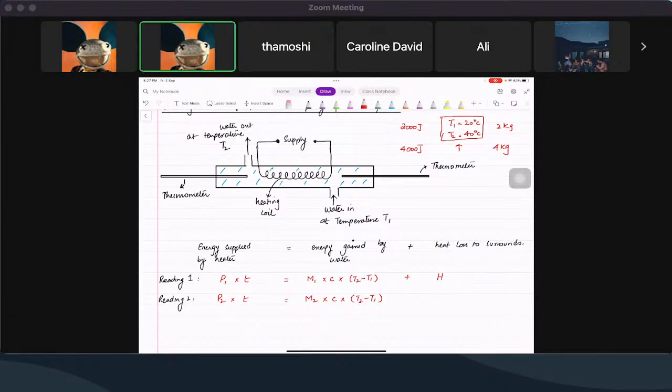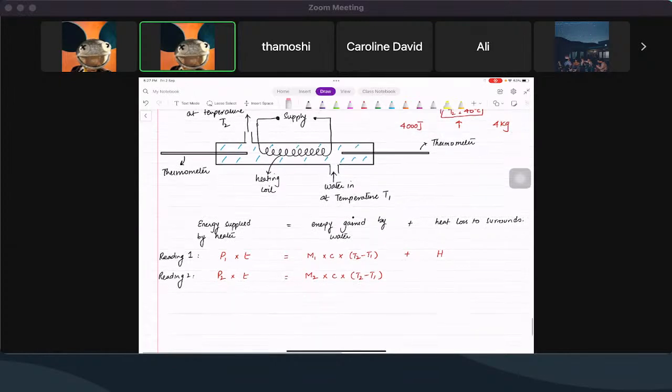So we have changed the power of the heater, and we have tried to get a larger amount of energy from the heater for a larger amount of mass, so that it can reach the same temperature in the same amount of time.